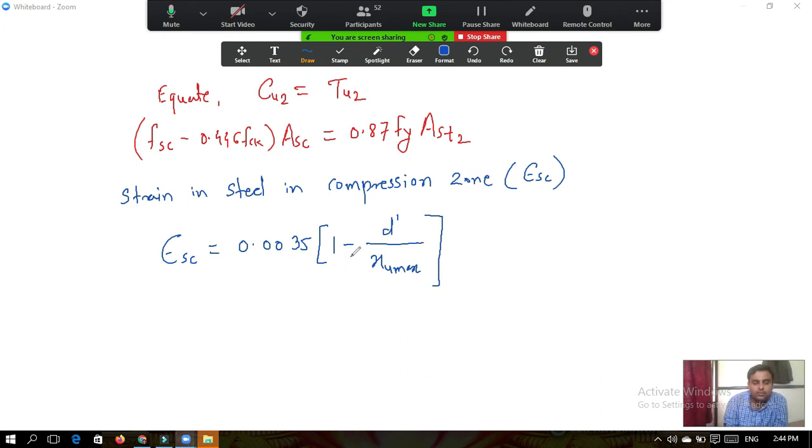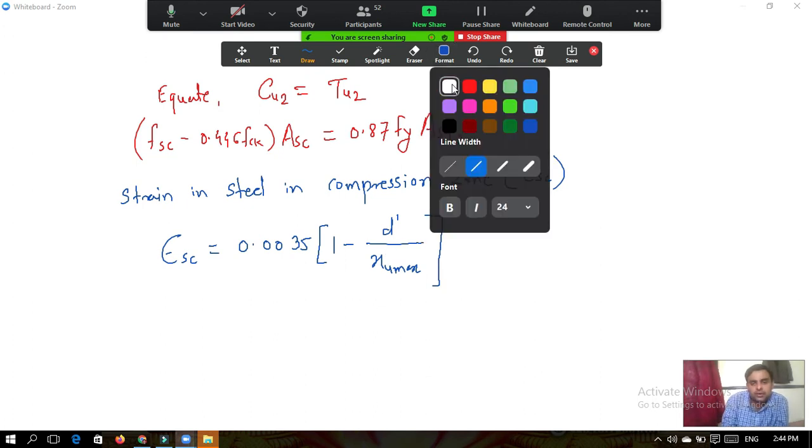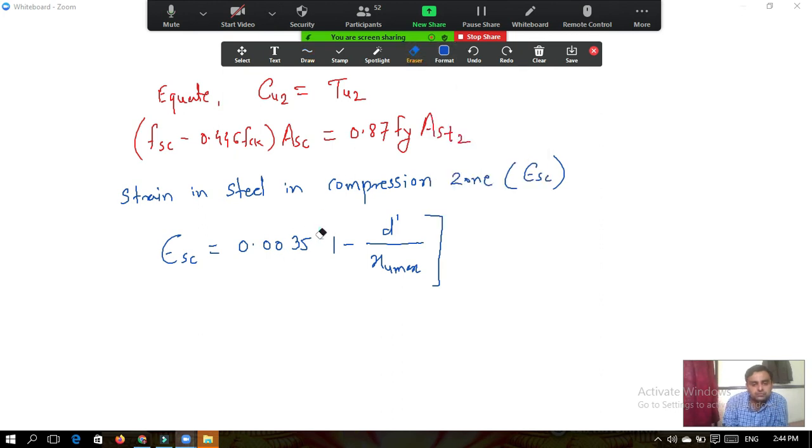This is the formula. If you want to check, you can check this formula in the IS code, it is given. I have already told you yesterday the page number and all those things, so I will not go into the detail again. On page number 96 this formula is given. So we are going to use this formula to calculate the value of epsilon SC.